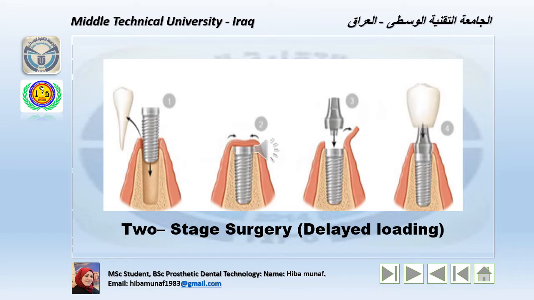Number one, minimize the risk of infection because the peri-implant tissue is allowed to heal separate from the oral microbial environment. Number two, implants are allowed to heal without loading or micro movement for a period of time to allow osseointegration to complete. Number three, ability to bone graft at the time of implant placement, because the bone graft is used to restore the bone loss.